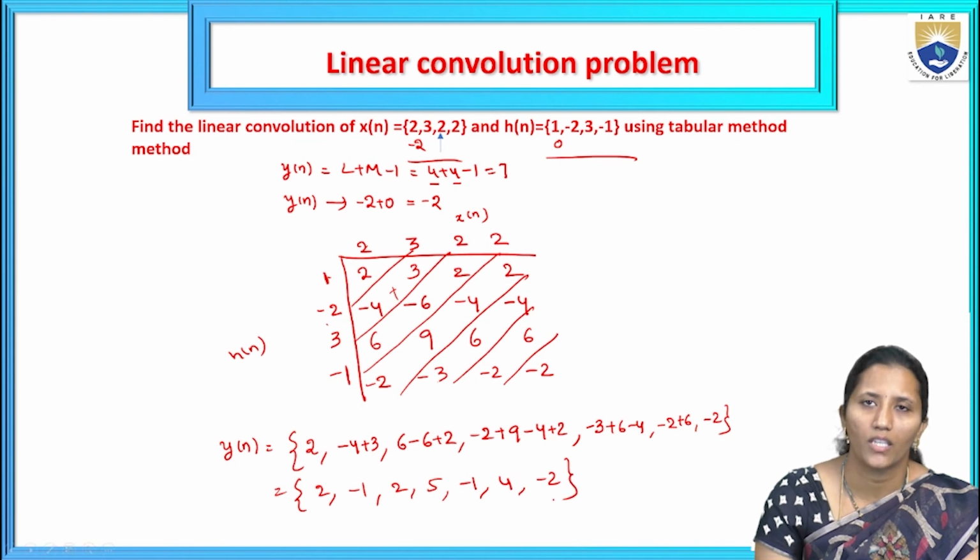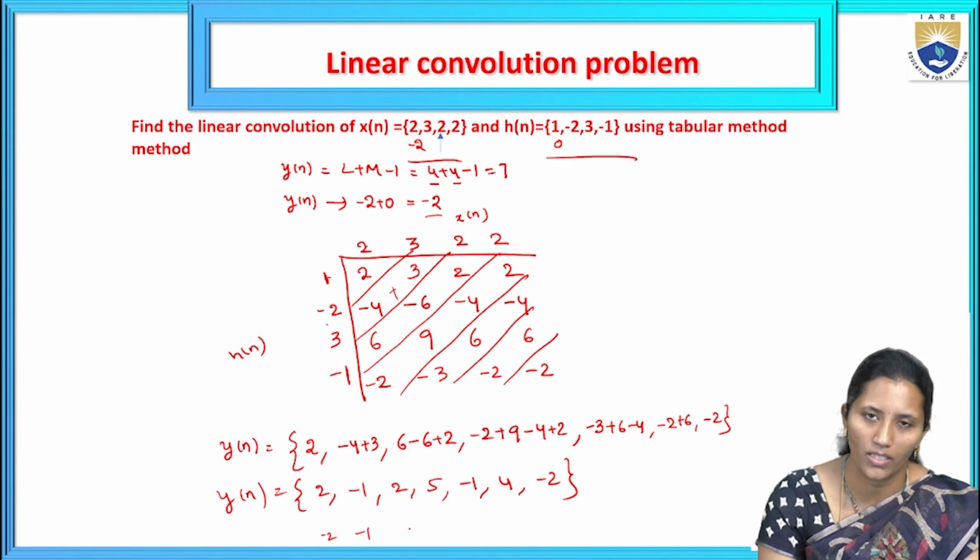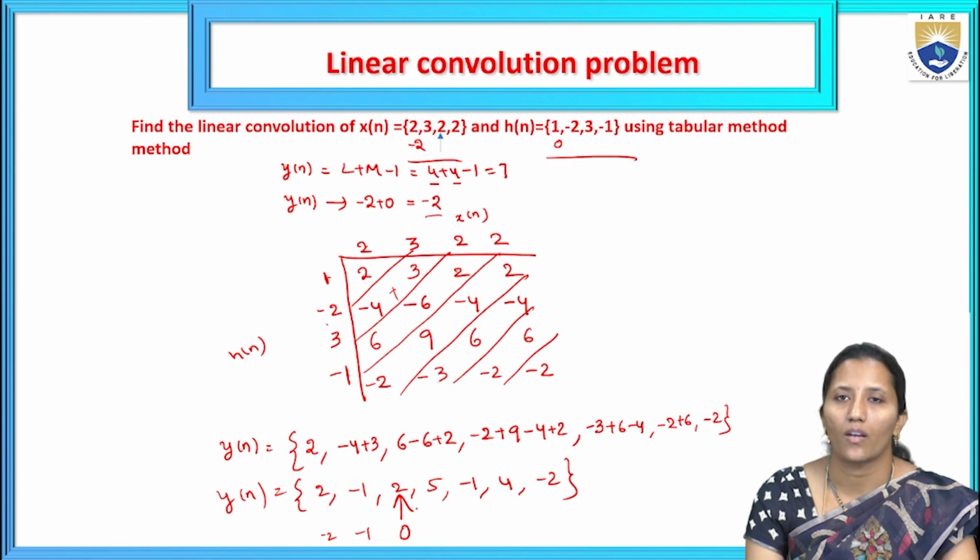So this is another method to find the linear convolution, using the tabular method. It is a very easy method compared with the graphical method. Here we have to represent the index of y of n. The starting index is minus 2, so this is the minus 2 sample, minus 1 sample, 0 sample, and at the 0 sample we should make the arrow mark.